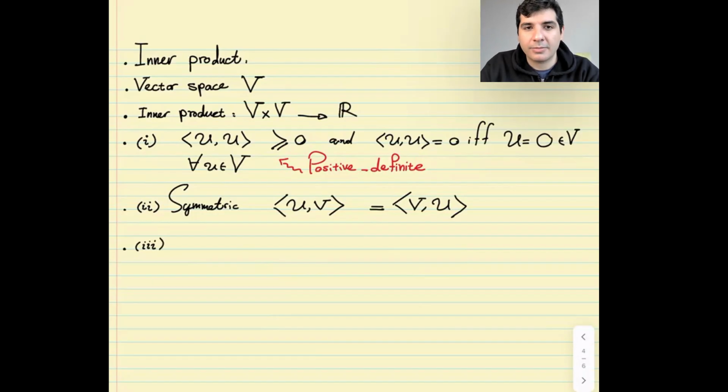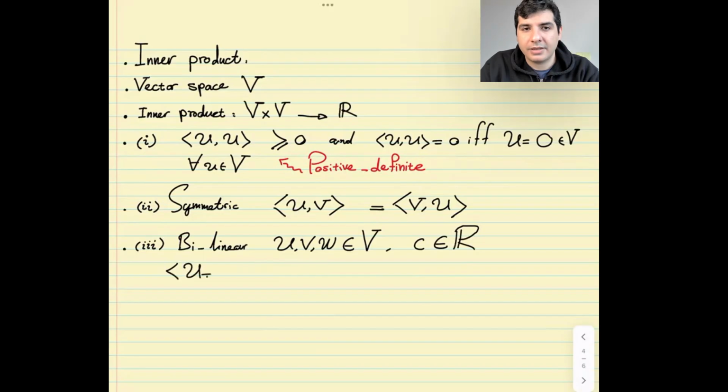The third and final property is that it should be bilinear. What does it mean? It should be linear in each component. So if I pick three vectors u, v, w in my vector space, and a real number c, I can consider the vector u plus cv, and look at its inner product with the third vector w.